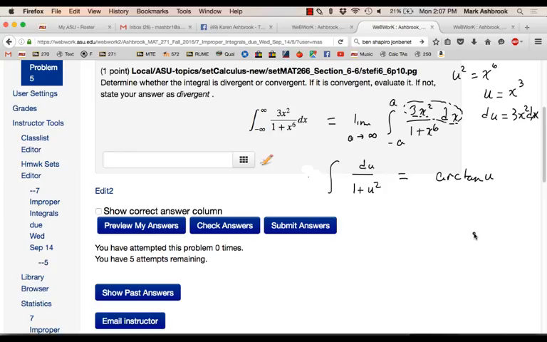So this one's totally rigged to be a change of variables to u, and then we got arctangent u. Now we're going to switch that back, so we have arctangent x cubed, and then we're going to evaluate that from negative a to a, where we're taking the limit as a gets really big.